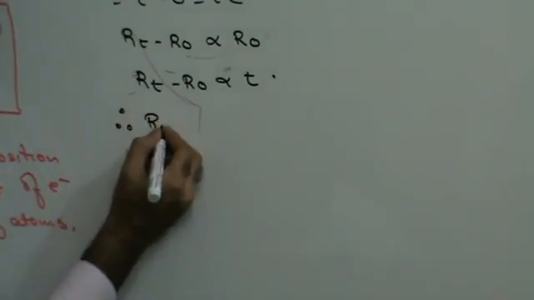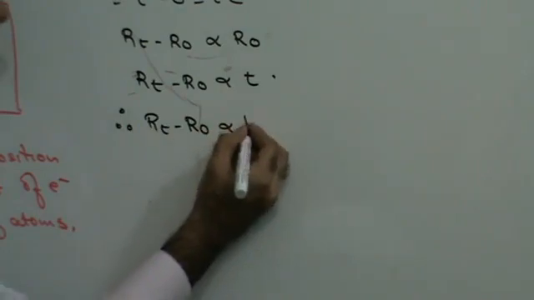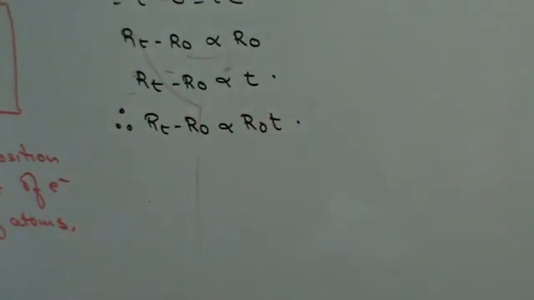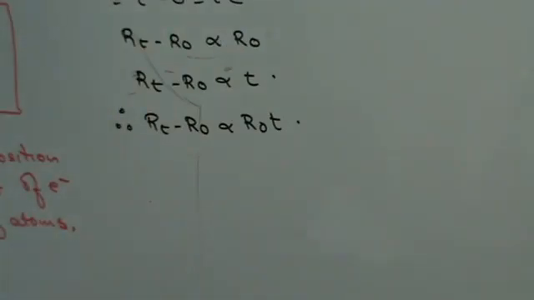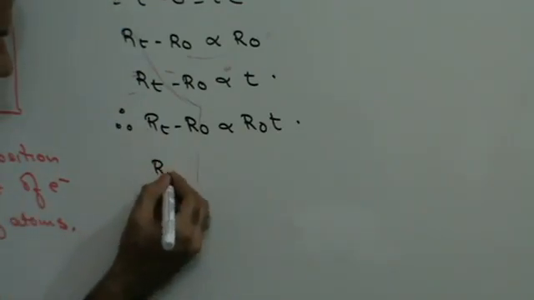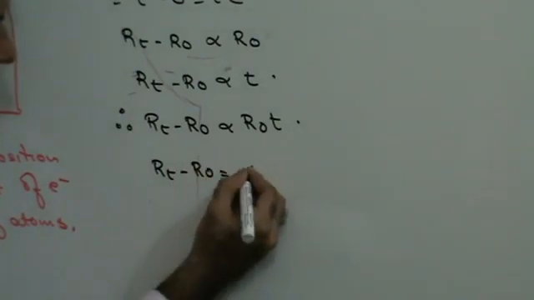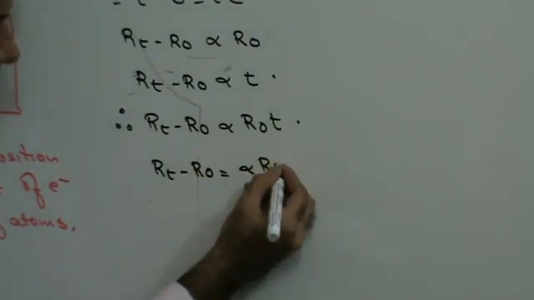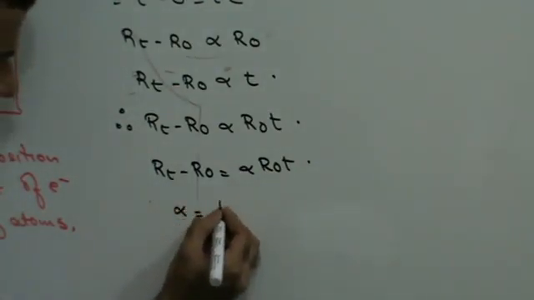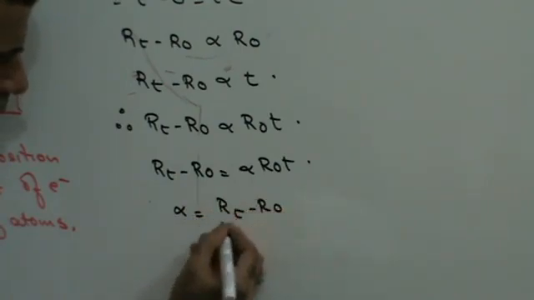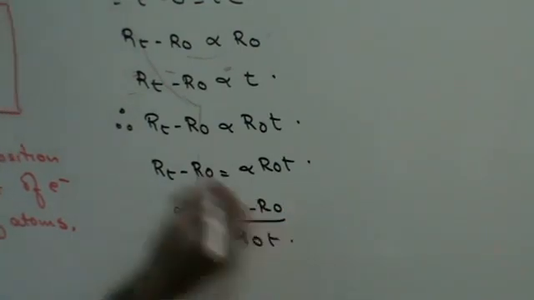Therefore, the increase in resistance is directly proportional to R0T if I join the two equations. Converting proportionality to equality, here again I will use a different constant. So RT minus R0 is equal to alpha times R0T, where alpha is RT minus R0 upon R0T.